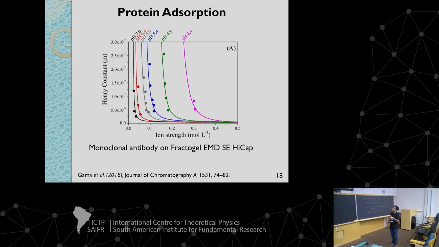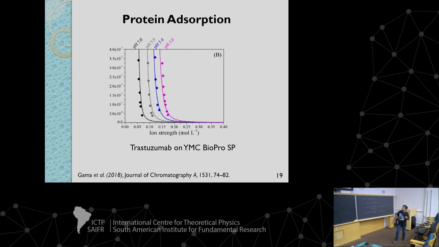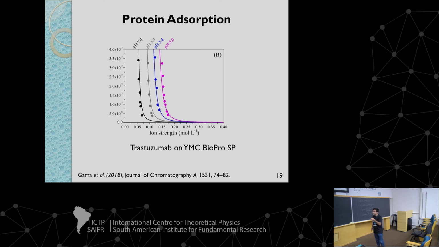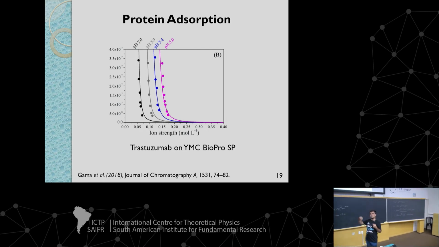So we can see that for monoclonal antibody on a fractogel, we get very good results. And applying it to other systems, for example, this other enzyme, I won't try to pronounce it, on another adsorbent, we get, again, very good results. And once again, it works very well. I'm not saying that the theory is completely correct.